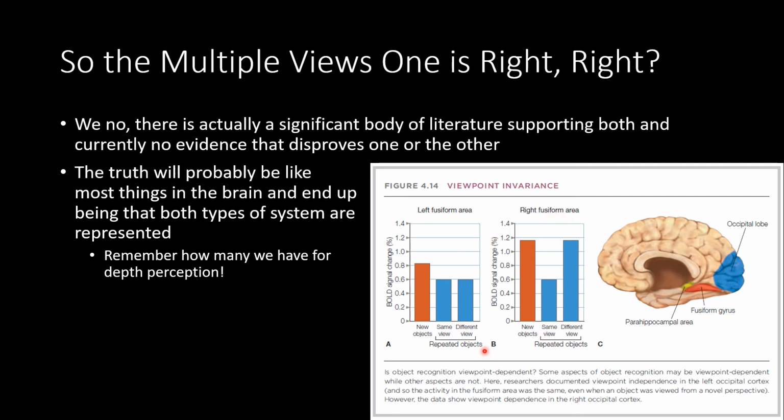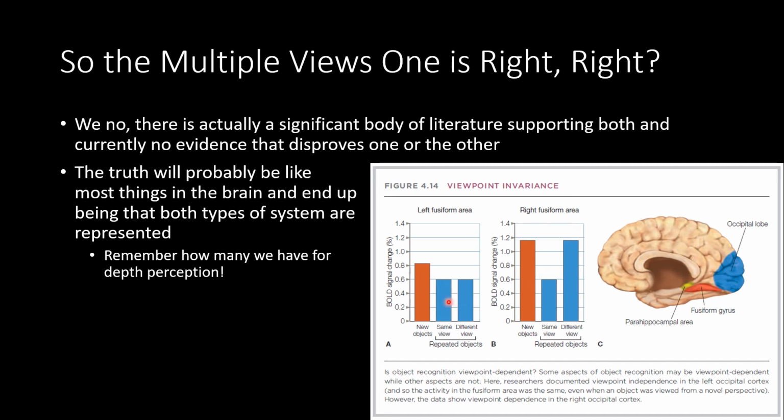Now, this is showing different degrees of activation when you are seeing a novel object, that is the orange bars. You have higher activation in this fusiform area when you see a novel object in the right side compared to the left side, even though this is not quite 100% relevant to the two views. What matters is this next portion.